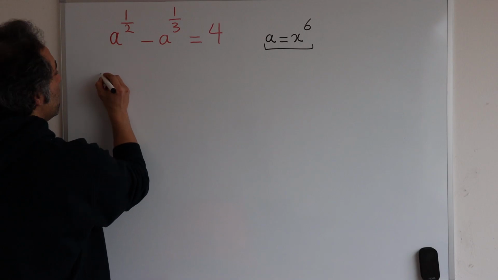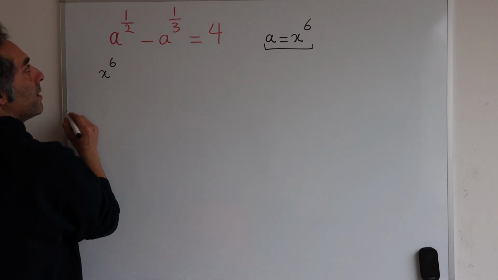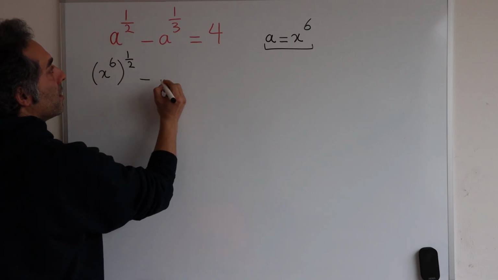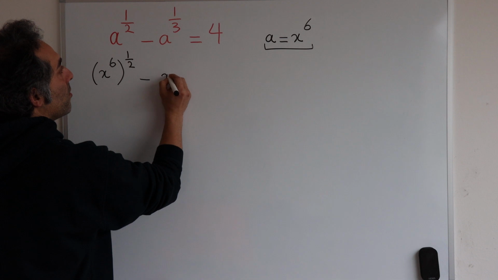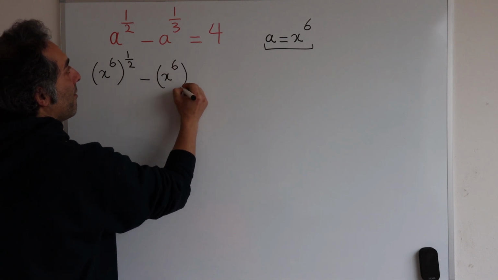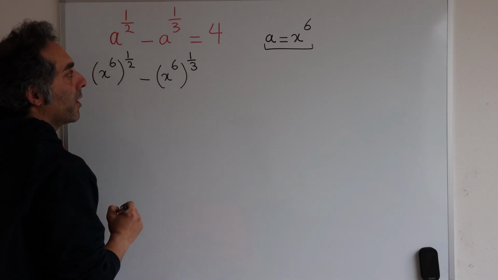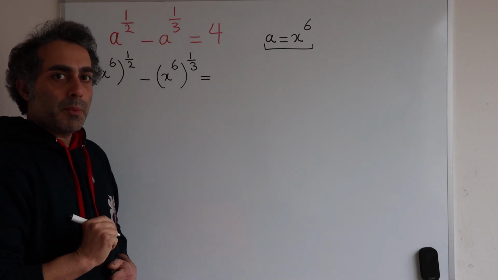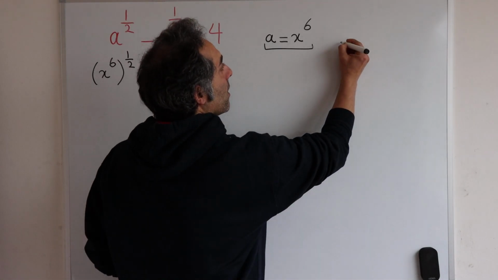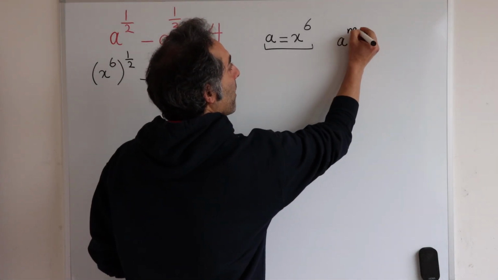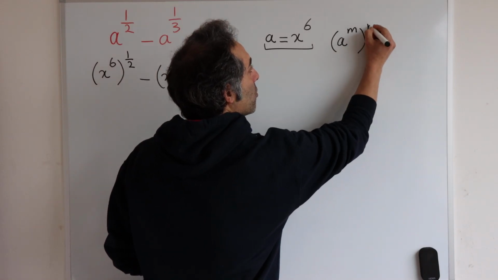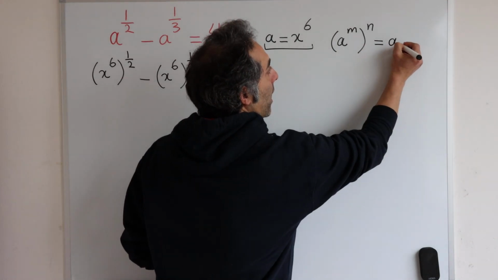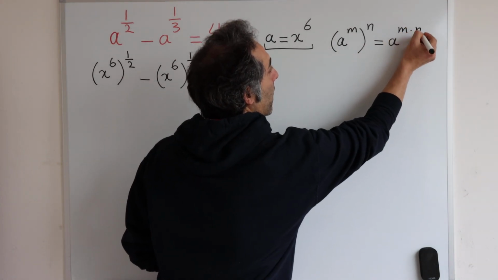So a is x to the power of 6 to the power of 1/2 minus a is x to the power of 6 to the power of 1/3, and you may remember when a to the power of m gets raised to another number n, then it is a to the power of m times n.